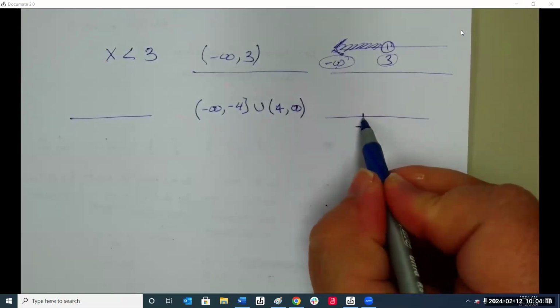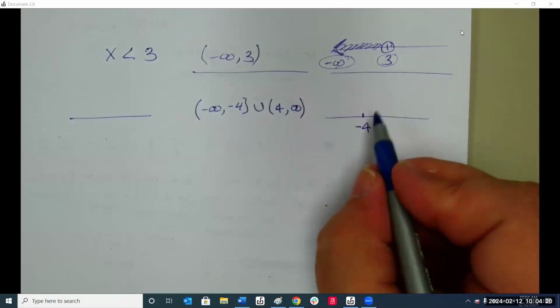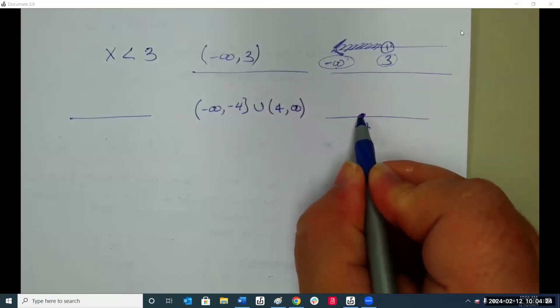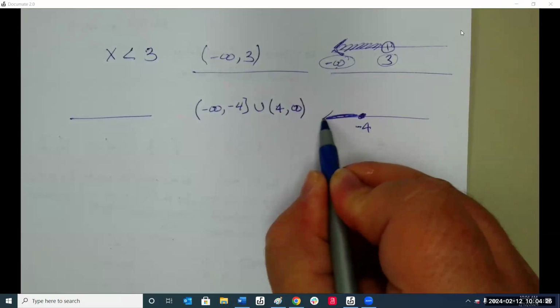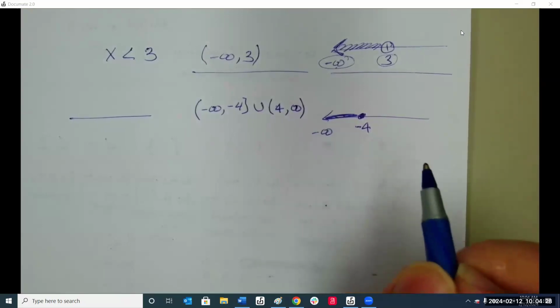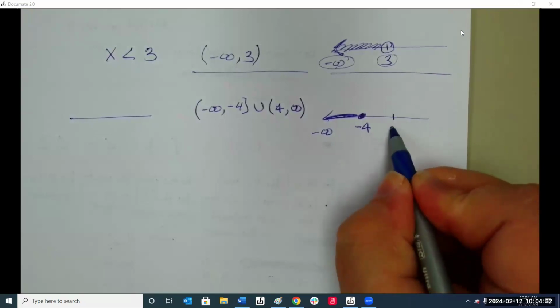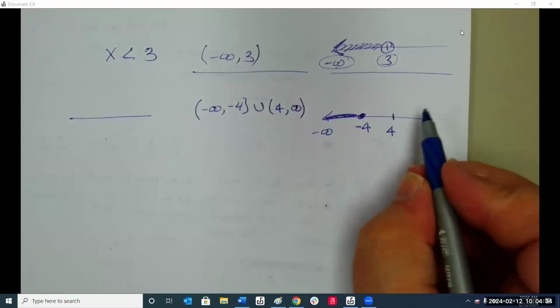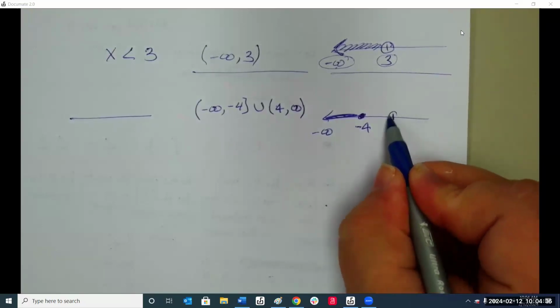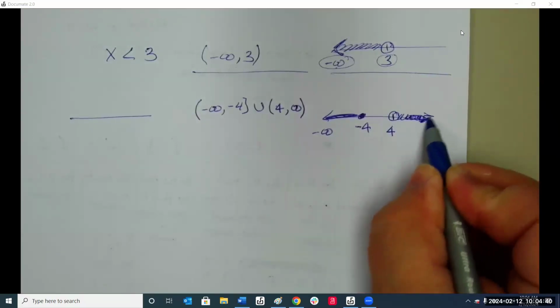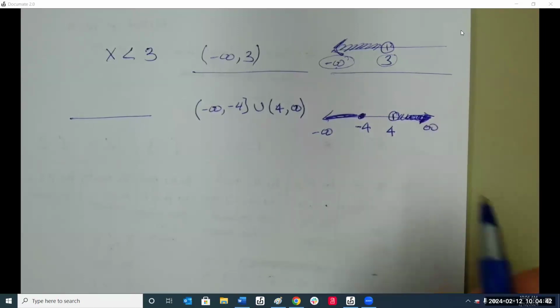Open or closed on -4? Closed, because it's a bracket. Which direction? Left to negative infinity. And the other side starts at 4, open or closed? And it goes to infinity.